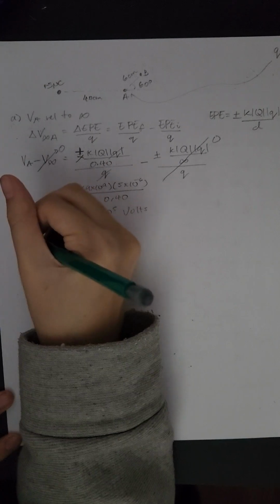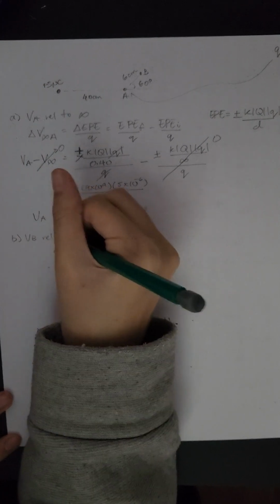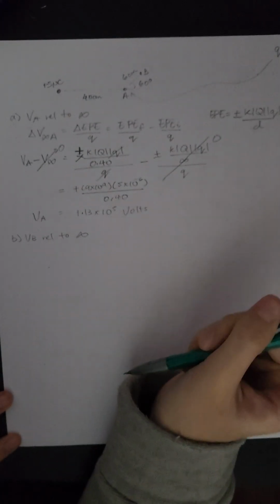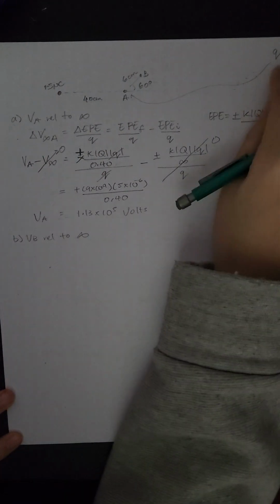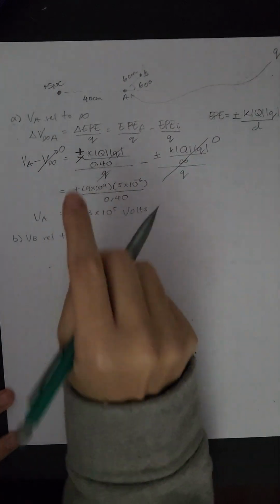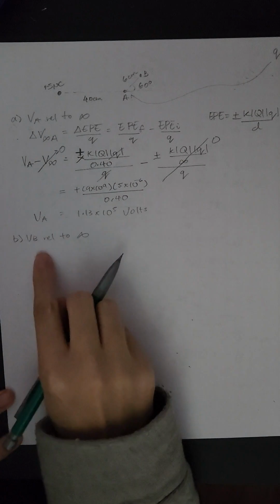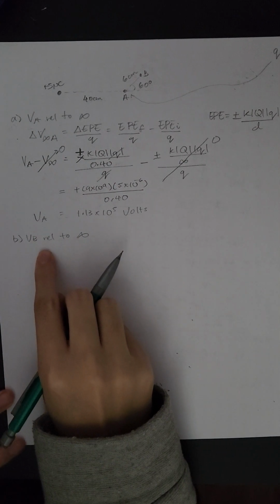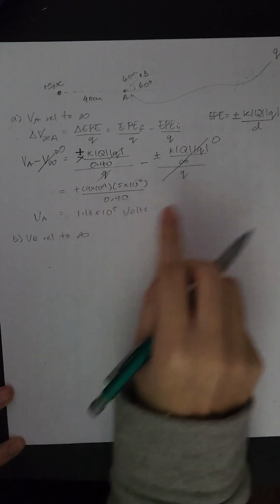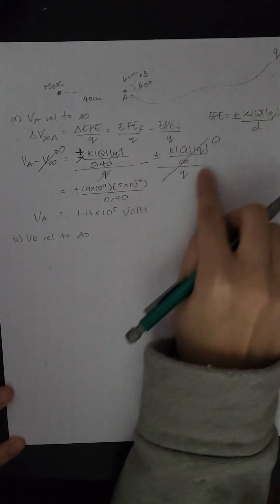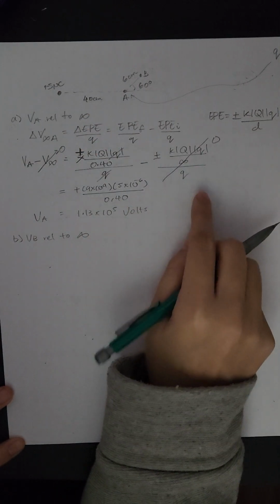Now for voltage at B relative to infinity, we realize that the initial part of the equation that we're going to use for voltage B as well is 0. So we could just ignore the initial, like we ignored it here, because it'll be 0.